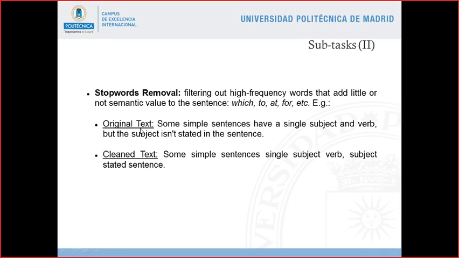If we remove the stop words, the text is shorter, but it's something strange: some simple sentences, single subject, verb, subject, stated sentence. If you read it out loud, it's something strange. So, depending on the task that you are performing, for example a classification task, it is a good idea to remove the stop words, but in text generation it is not such a good idea.